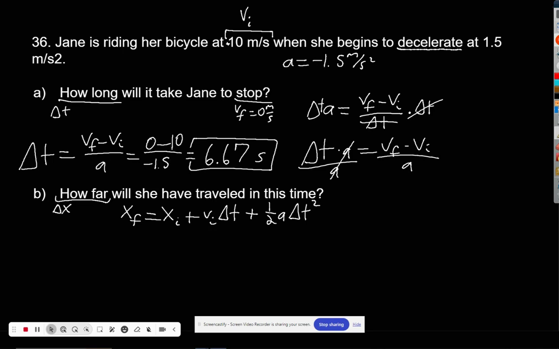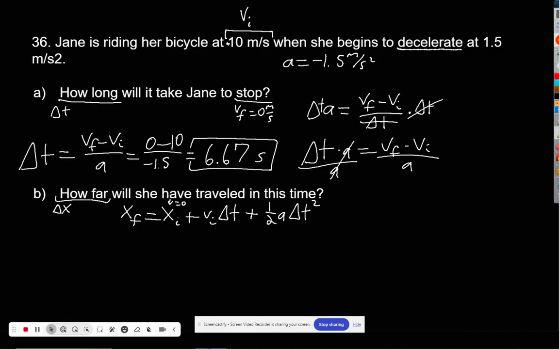Now, technically, this equation does not have delta x in it yet. So we have 2 options. Option 1 is what I generally go with when we're going through class. And that's just to make the assumption that our initial position is 0.